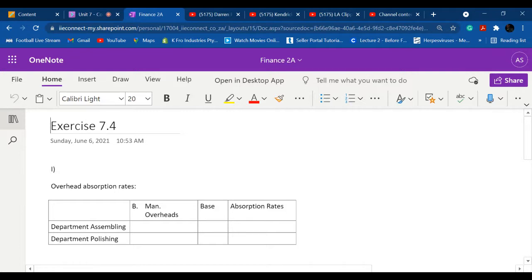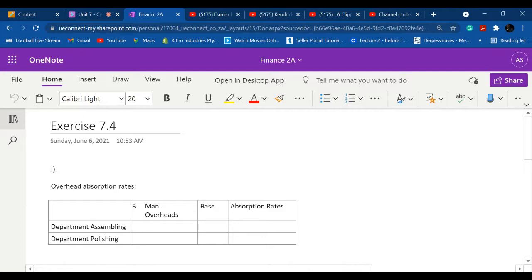Then secondly, this part we haven't done, but shouldn't be a problem for you guys: the selling price of the job TT321, if the company wishes to make a gross profit of 20% on cost. That shouldn't be a problem because we've dealt with this in our accounting 1A, 1B, you name it.